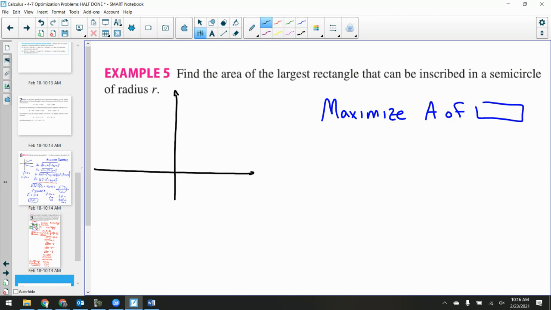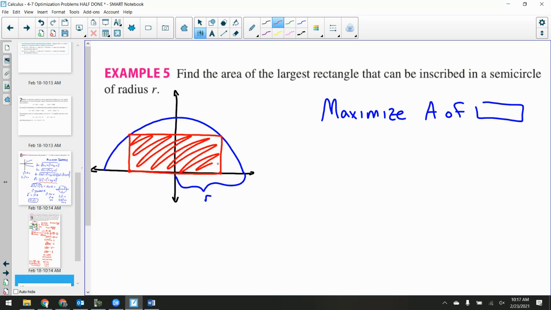So here's my semicircle of radius r. And I want to put a rectangle in there that has the biggest area.